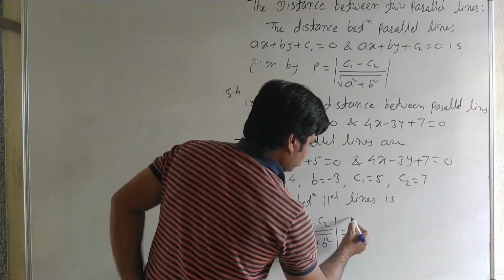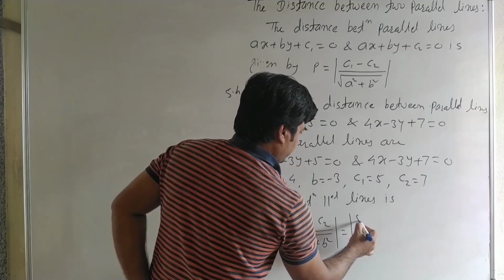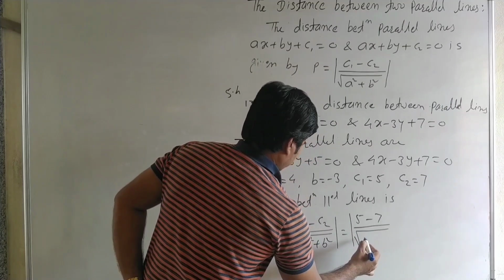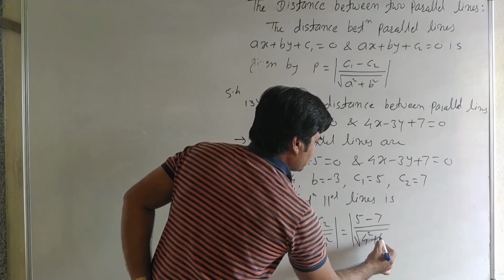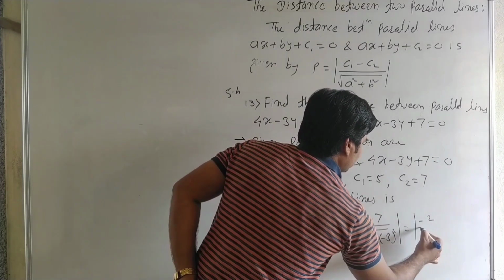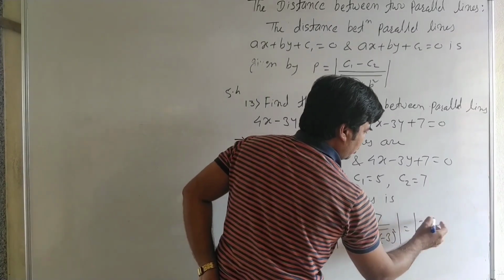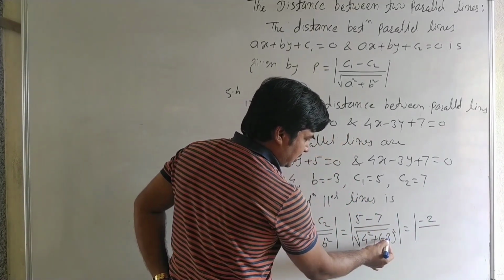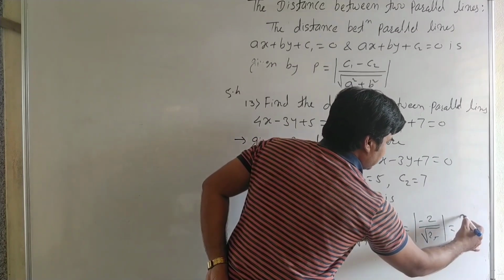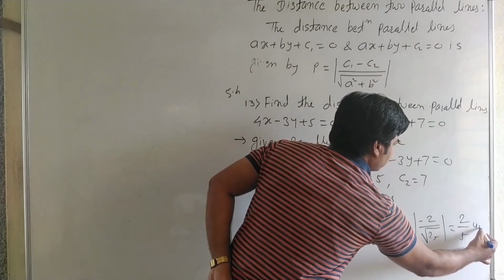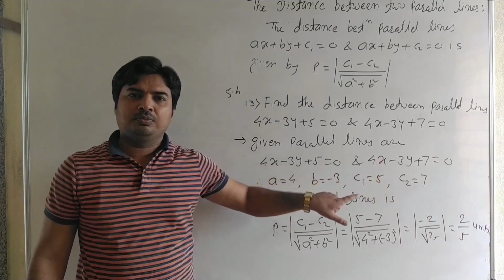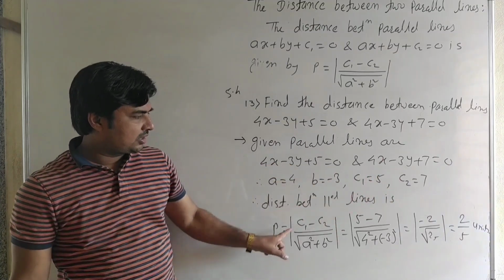Here c1 minus c2 is 5 minus 7 upon under root of 4 square plus minus 3 square, which is minus 2 upon under root of 16 plus 9, that is under root 25. So the distance is 2 by 5 units. This is the distance between two parallel lines.